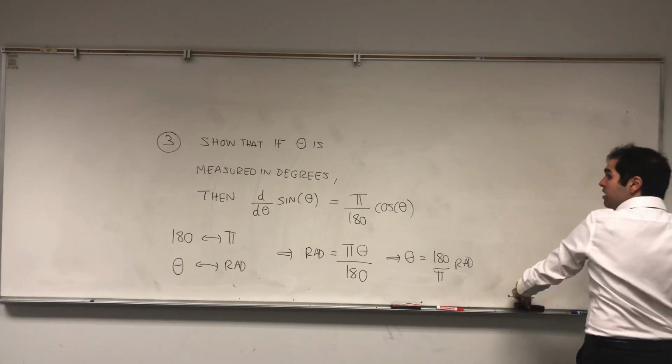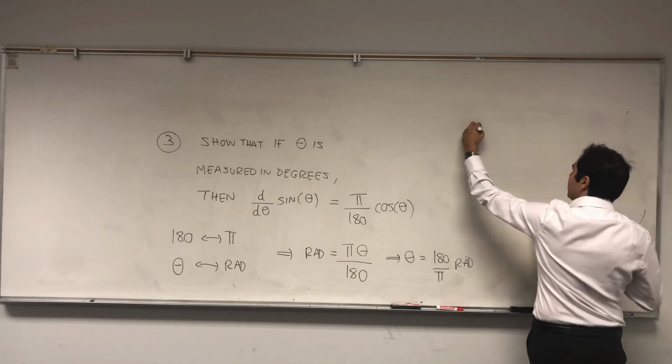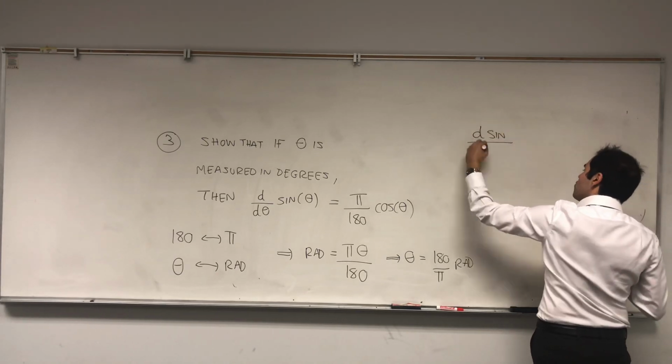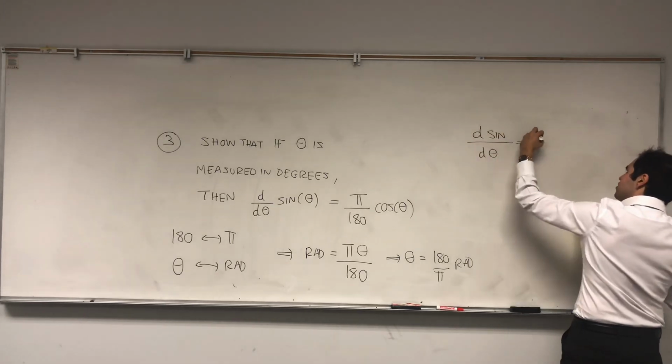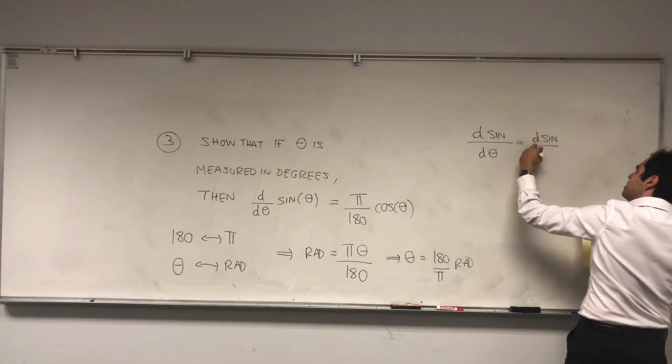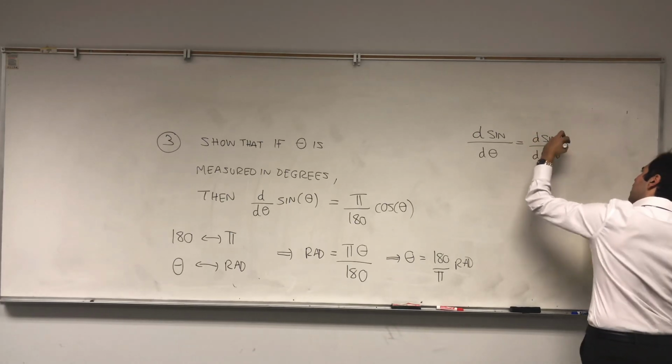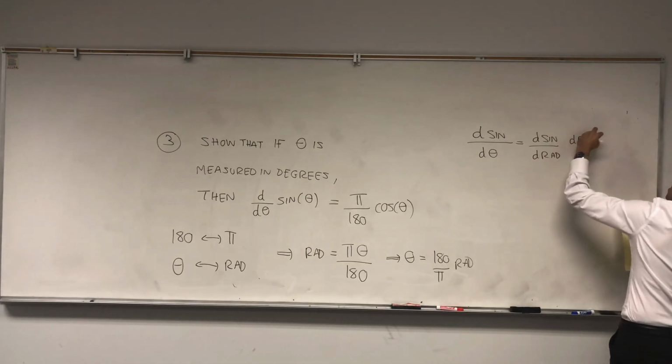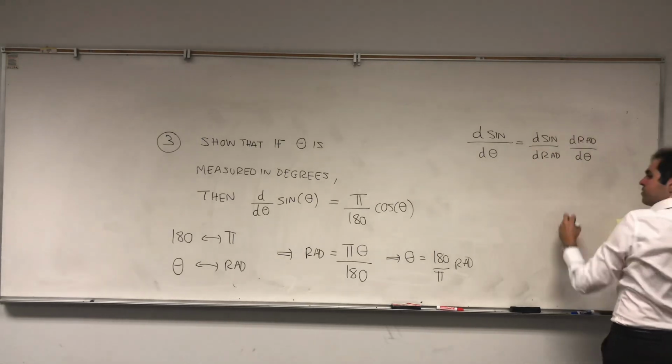And then the rest is just using the chain rule formula. So d sine over d theta is just d sine over d rad times d rad over d theta.